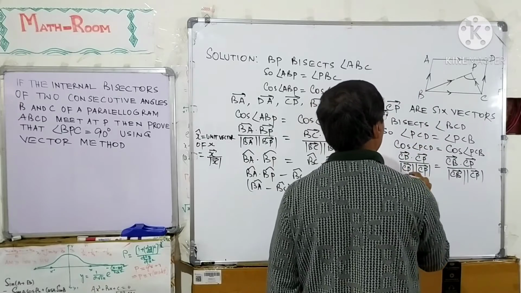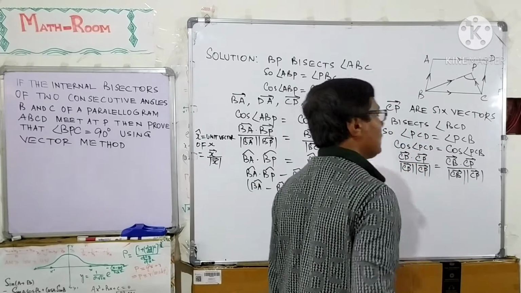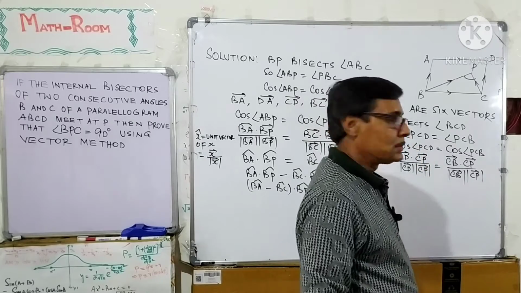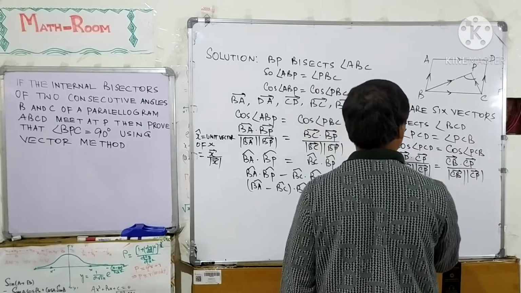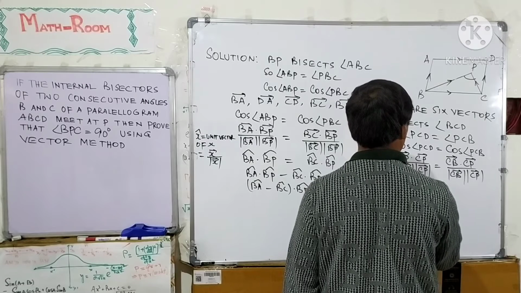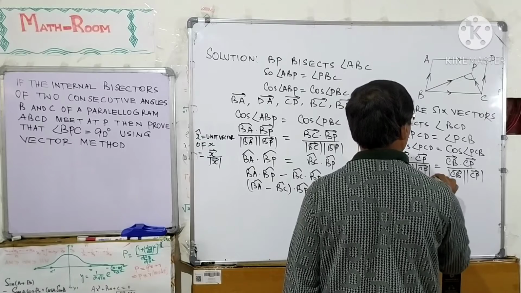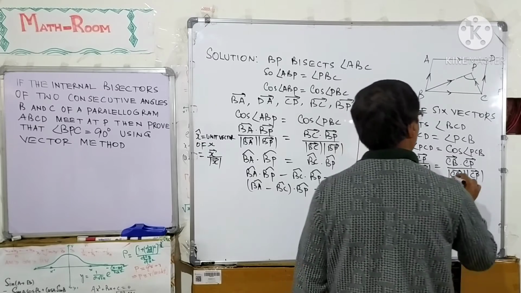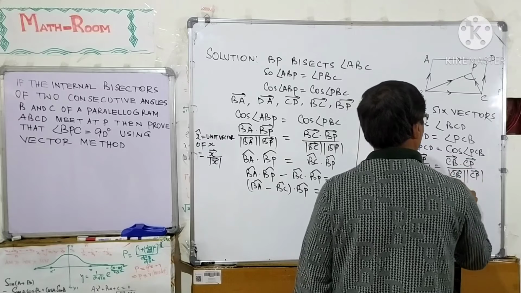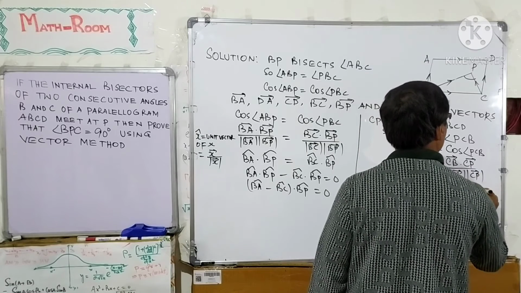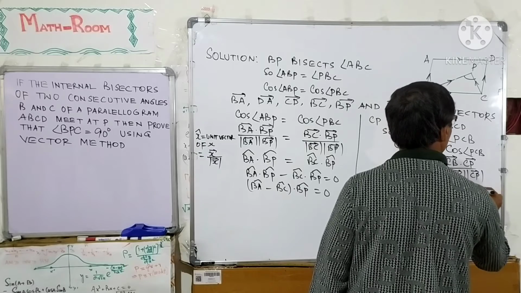CD over magnitude of CD is the unit vector of CD, that is CD cap, dot CP cap, the unit vector of CP, and also CB cap dot CP cap.